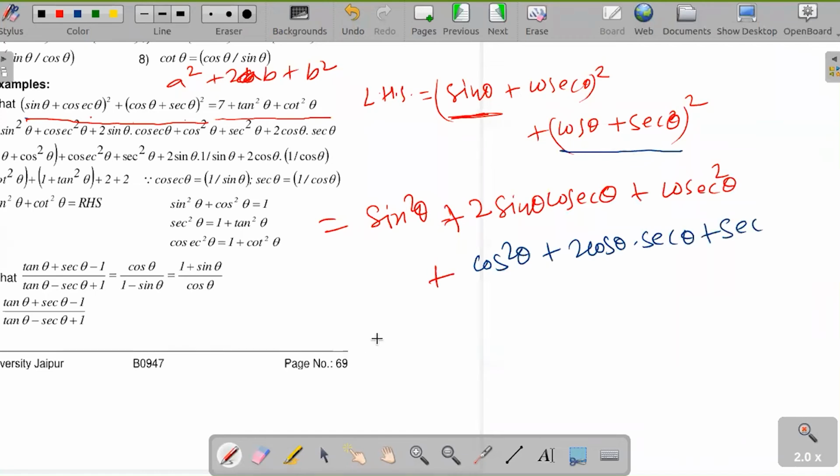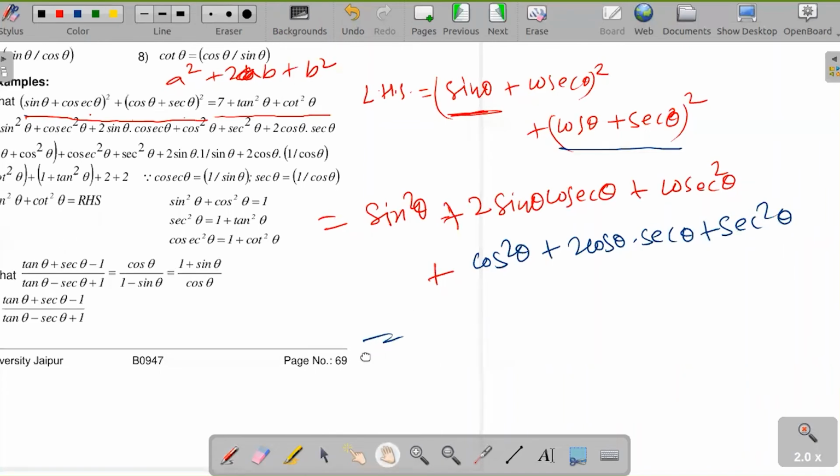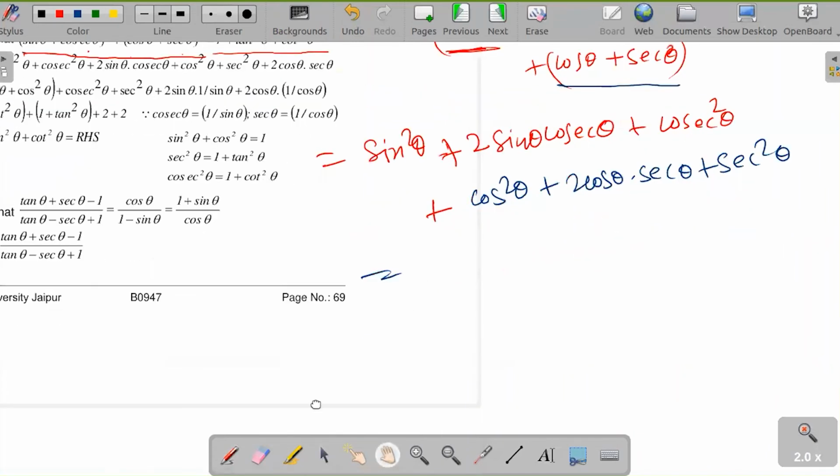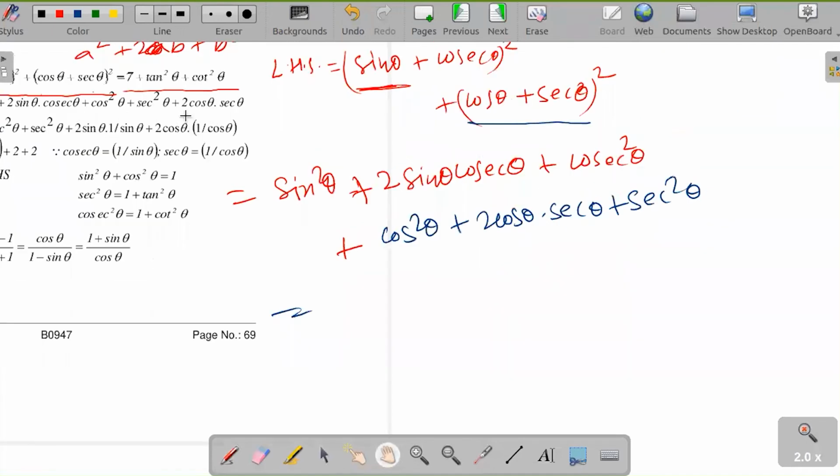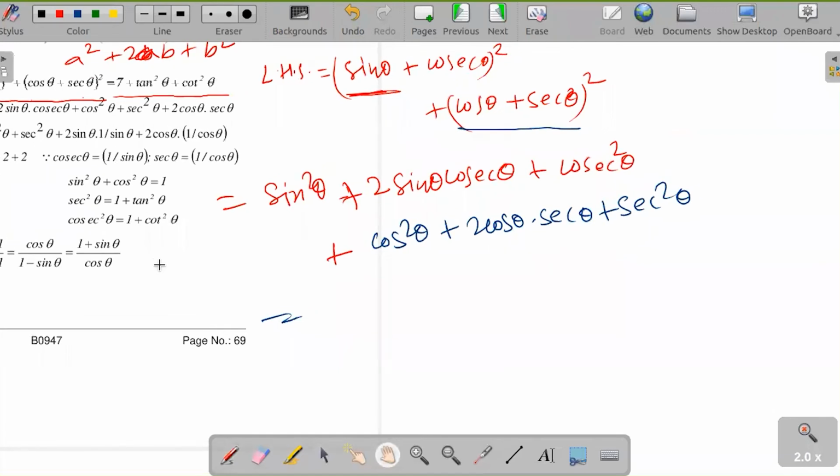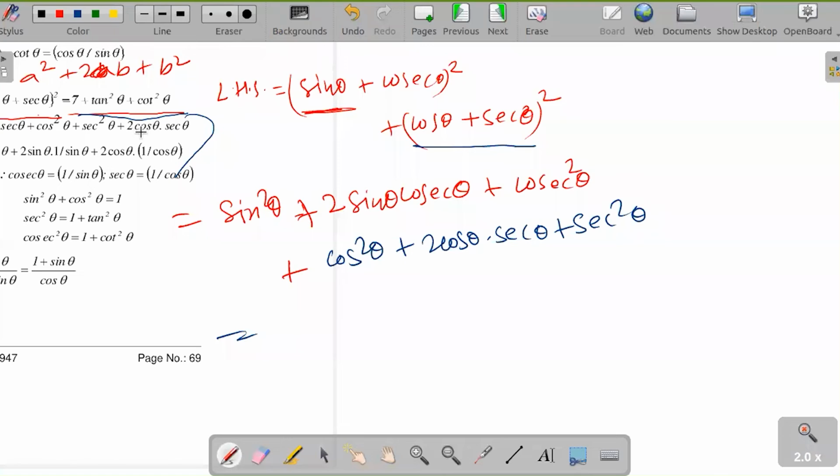Now we need to prove this one, but from nowhere we are able to see how we will get there. So how to think: how we can eliminate a few things and convert a few things.